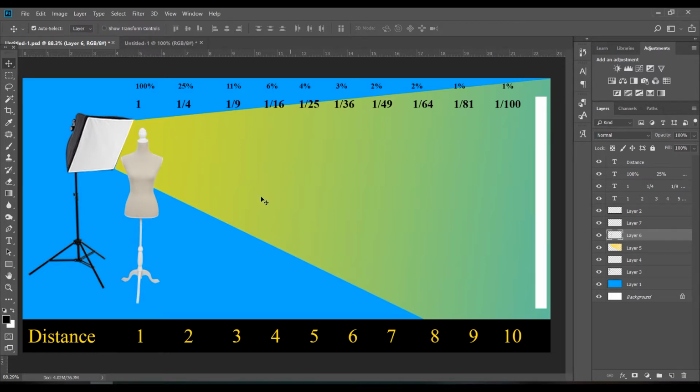So just by knowing this rule and making your subject go closer, you can get two completely different looking shots, like we'll be seeing when we take these two shots in the demo and compare them. So if you're getting confused right now, don't worry about it. It's just better to do this in the demo and learn it that way. So let's go to our studio room, take these two shots and see what the differences are. So let's go there.